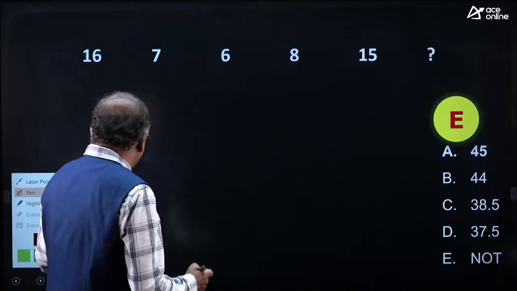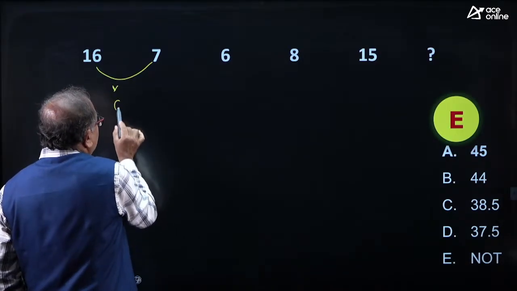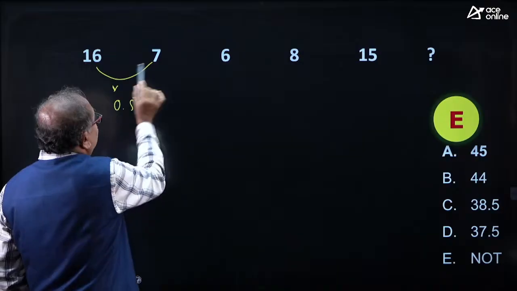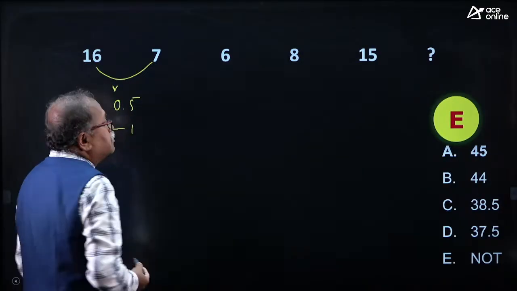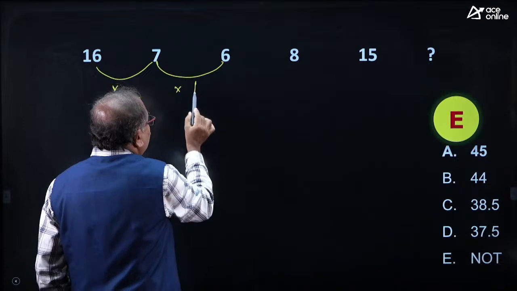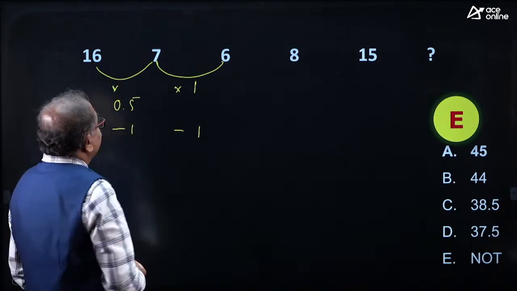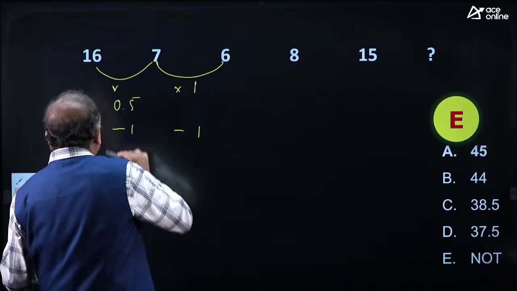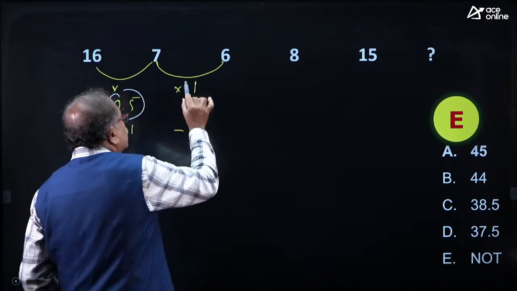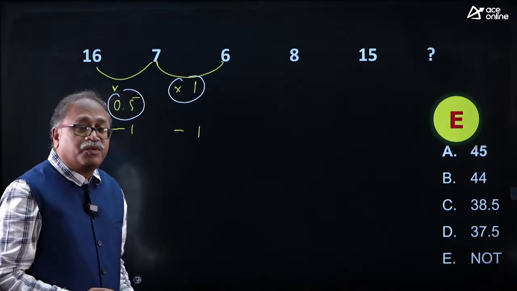I can clearly see that it is into 0.5, that comes 8 minus 1 is 7, and I clearly see here into 1 minus 1, that gives us 6. So here the multiplier is 0.5, here the multiplier is 1, it is increased by 0.5.